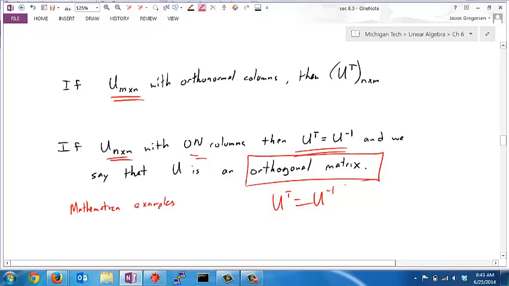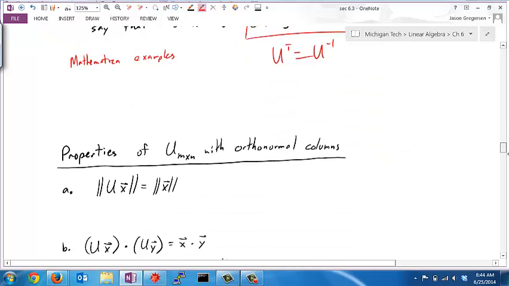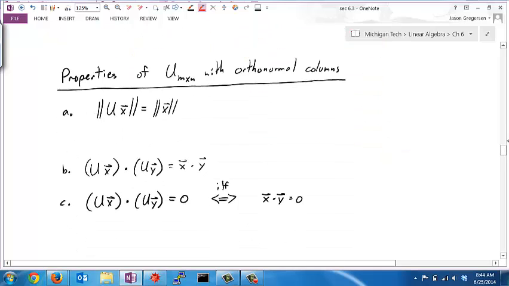And not only do we have that property where the transpose is equal to the inverse, we have a couple other properties as well. We have these three big properties for these kinds of matrices. We use these properties when we do proofs or when we generalize things to transformations. But they're also important because of what they tell us about the transformation.